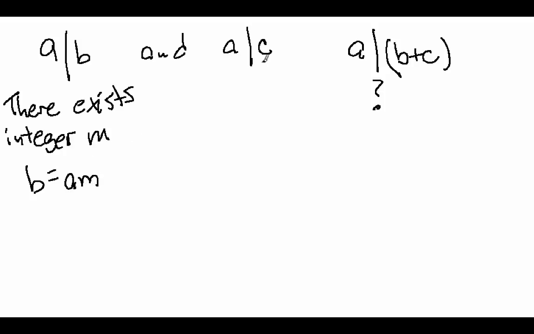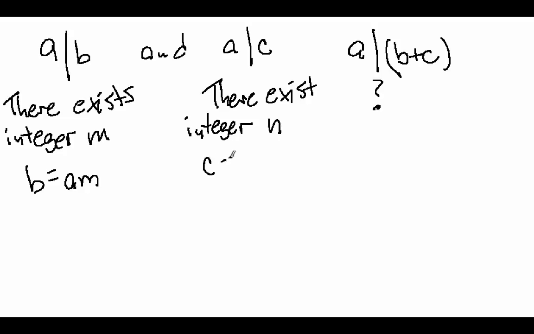Okay? And if a divides c, that means there exists integer n, okay, such that c is equal to a times n. Okay? Well then, I notice the following here.